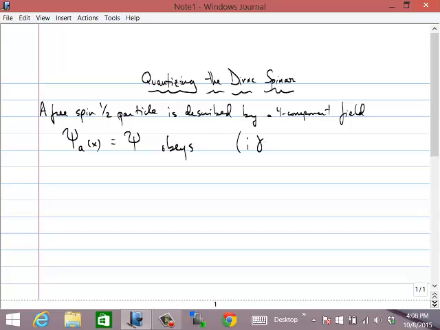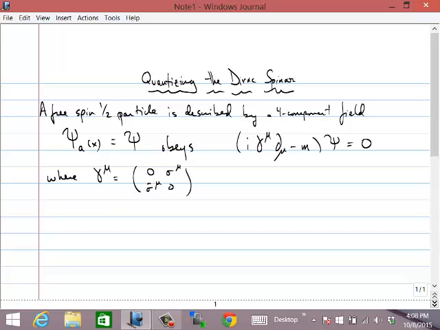So (i gamma^mu d/dx^mu minus m) psi is equal to 0, where the gamma matrices are 4x4 matrices, which we've already spent a little bit of time studying in this class.